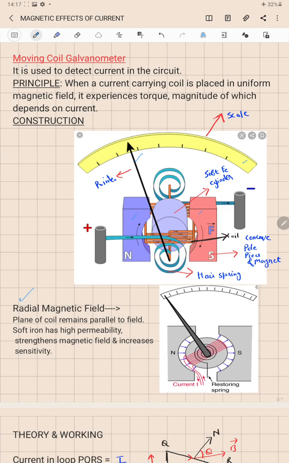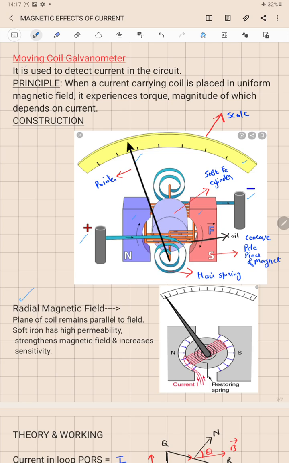Here we have a soft iron cylindrical core around which a copper winding is done. One end of the copper winding will be provided a positive connection from the circuit and another will be connected with the negative connection.